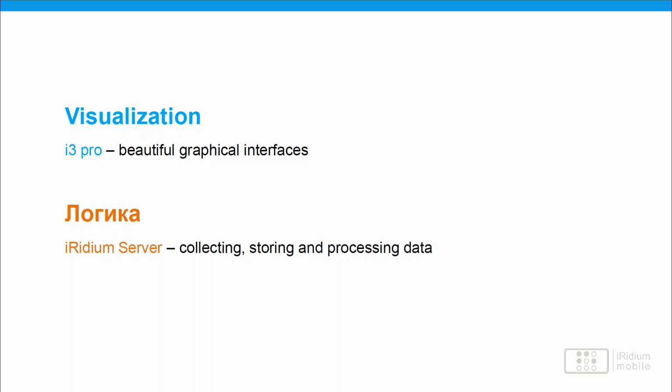Visualization in 3.0 can be used only to send simple commands and display the results of working of your automation system. And the iRidium server could be used for collecting, storing, and processing the data from all the automation systems that you have in your home, office, and so on.